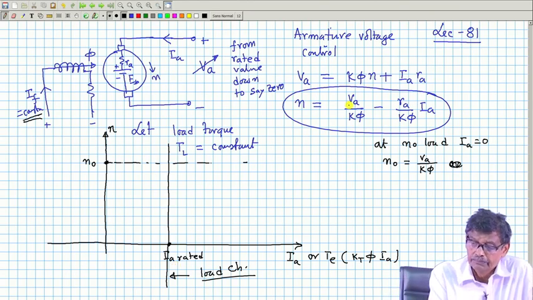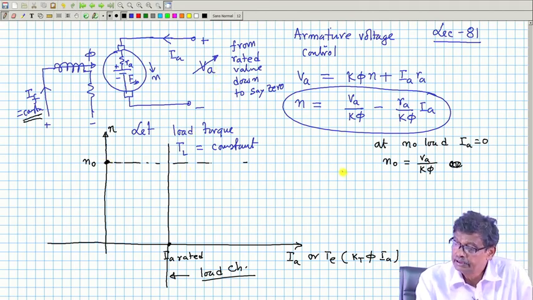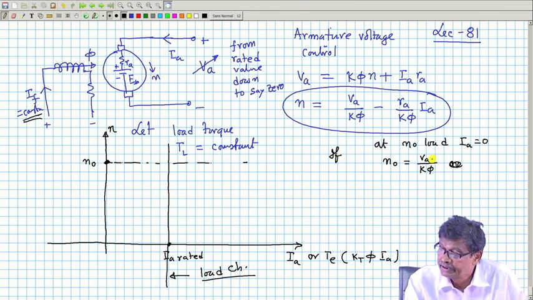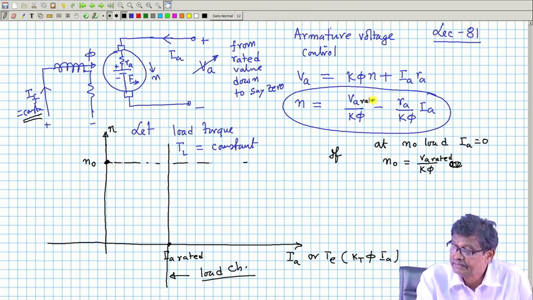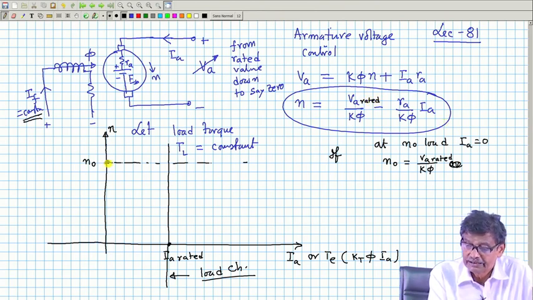Now, for the motor, this is N 0. Suppose you have applied rated voltage, V A rated, corresponding to that this is N naught.